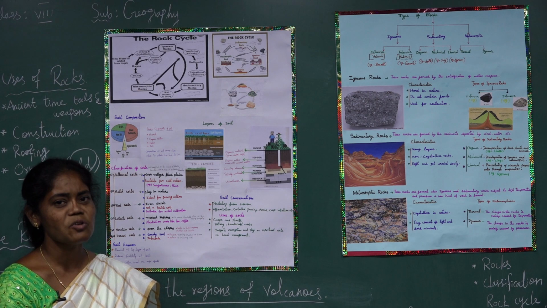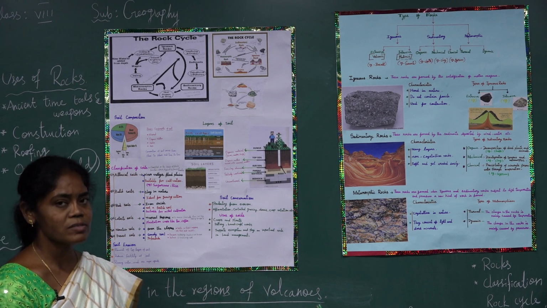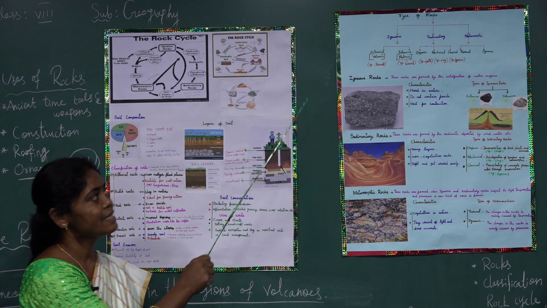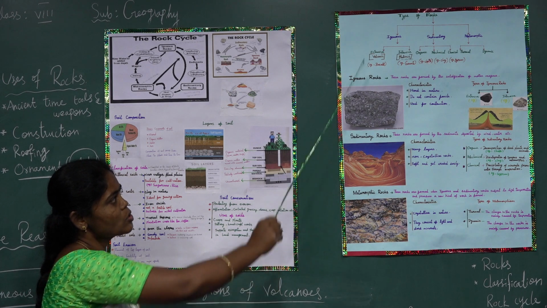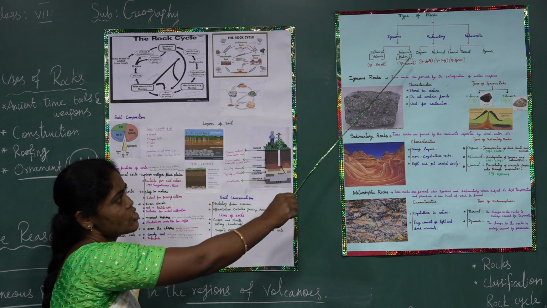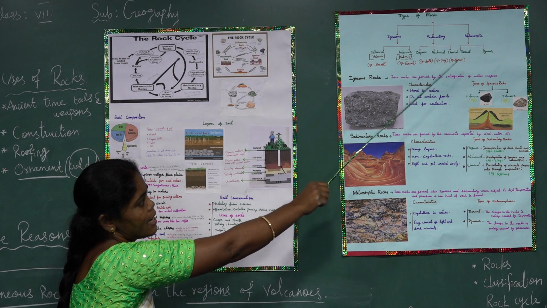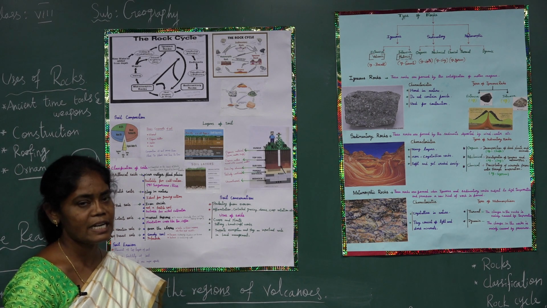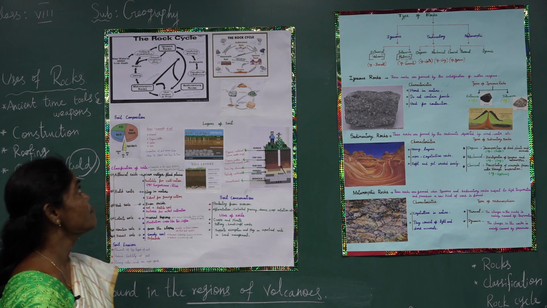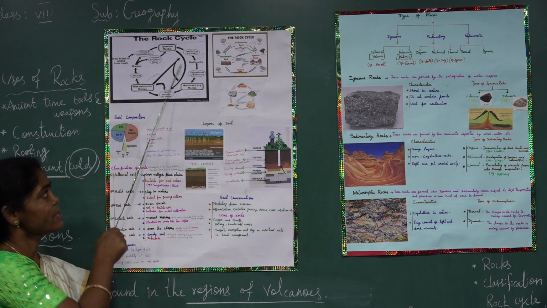Okay children, now we will just recollect once again. First we have seen rocks, types of rocks. 3 types of rocks: igneous, sedimentary, metamorphic. Igneous is divided into extrusive, intrusive; sedimentary into organic, mechanical, chemical; and last one, metamorphic, that is thermal and dynamic. Next we have seen the rock cycle. We have seen how the rocks are formed.